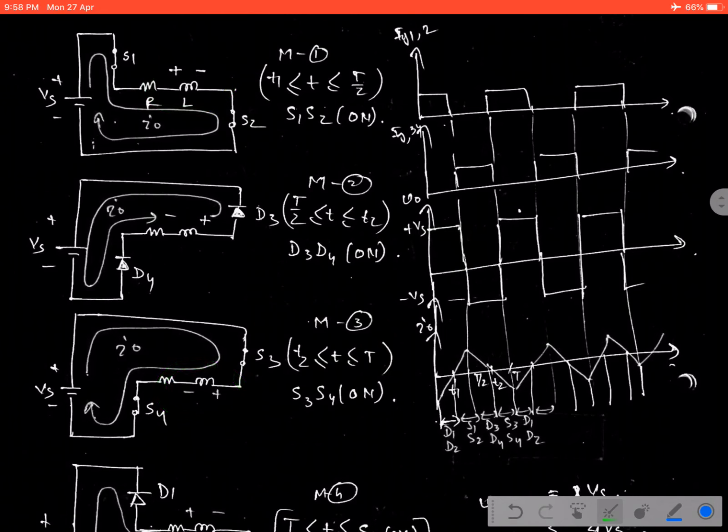That is why when S3, S4 start conducting, it will provide the reverse voltage, or negative voltage, across the load. Now consider the output current.